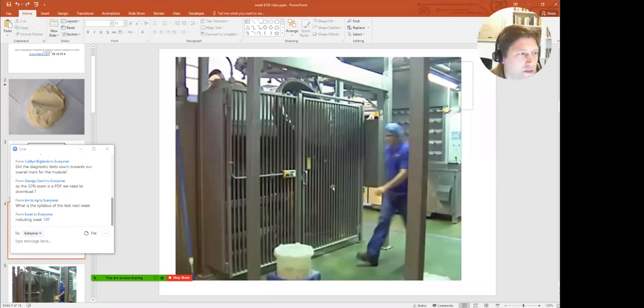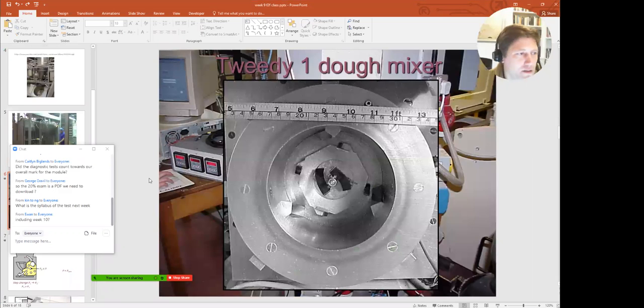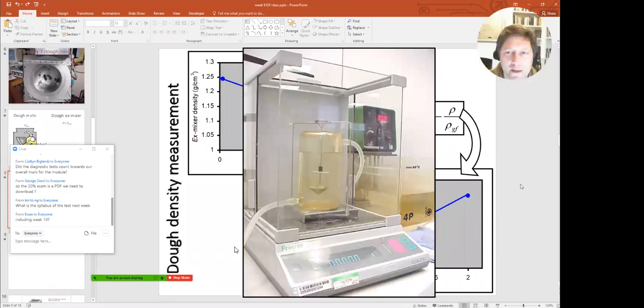So I'm going to skip the parts about how we did that. Just to show you this. When we wanted to measure the amount of gas in the dough, we call that the dough voidage. We can do that accurately by means of weighing the dough piece in 2 different fluids.